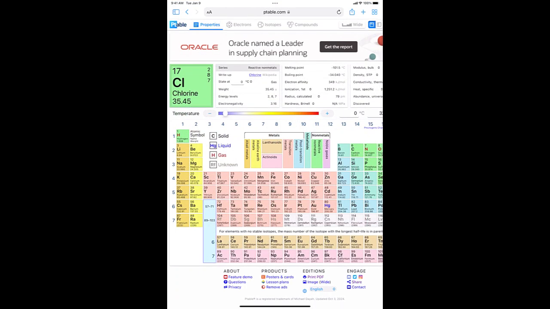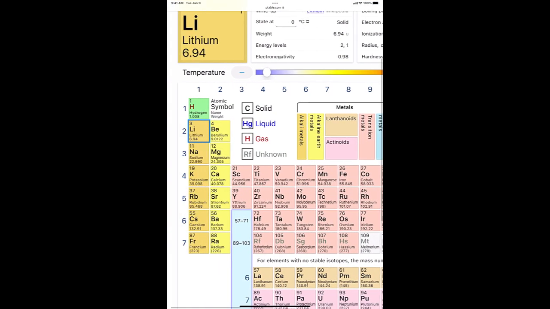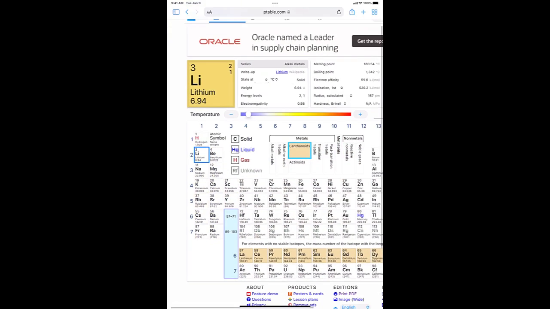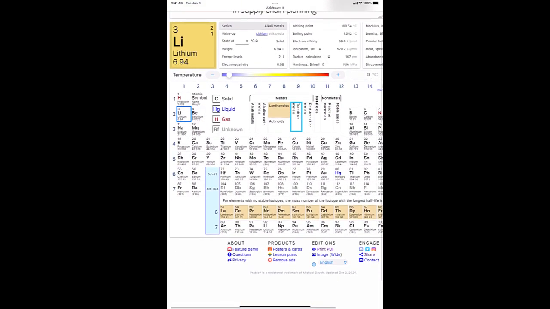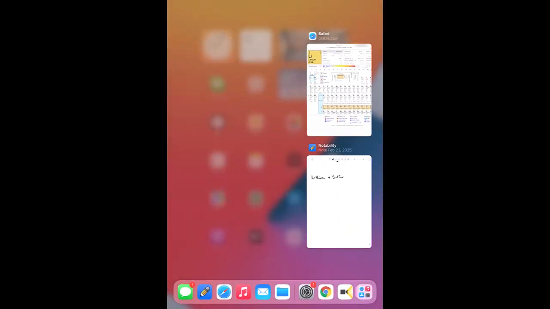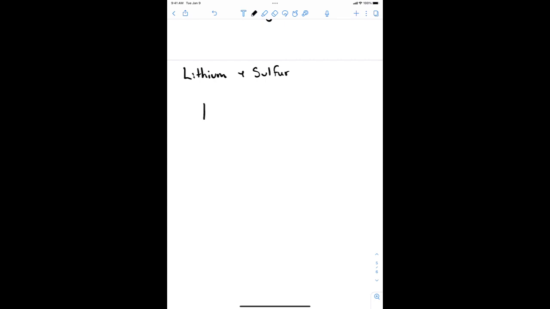So we come over here and we see lithium is in group 1A. And so we know that it's going to have 1 valence electron. So because lithium has 1 valence electron, it's going to want to lose it, and so when it does, it would have a +1 charge.